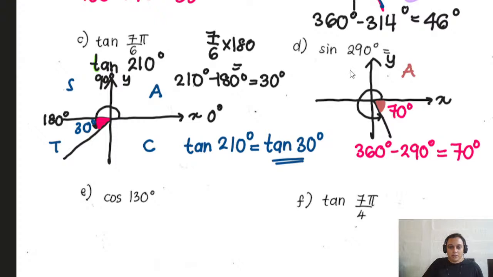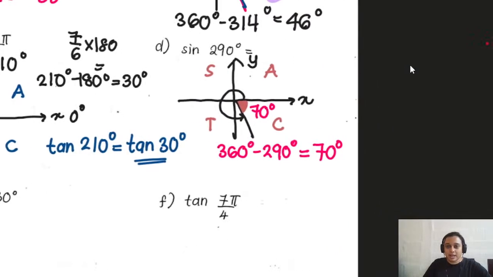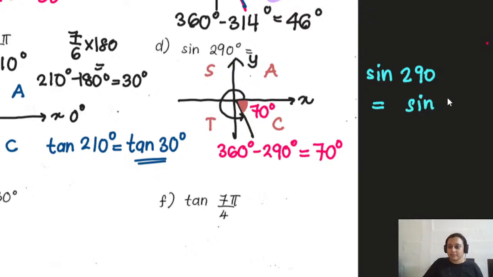Okay, so all science teachers crazy. Here only cos will be positive, isn't it? But our question here is sin. So sin 290 equals sin 70, because your answer also must be sin, right? But in the fourth quadrant, is sin positive or negative? At the fourth quadrant, is sin positive or negative? Here, only cos is positive.